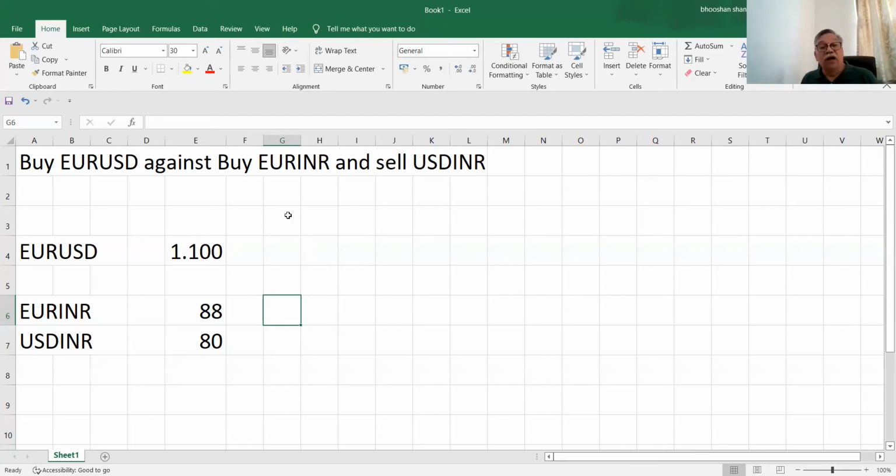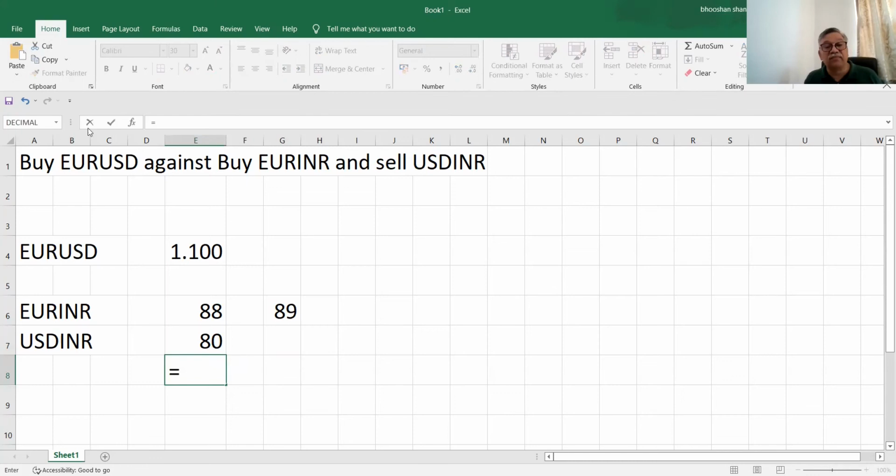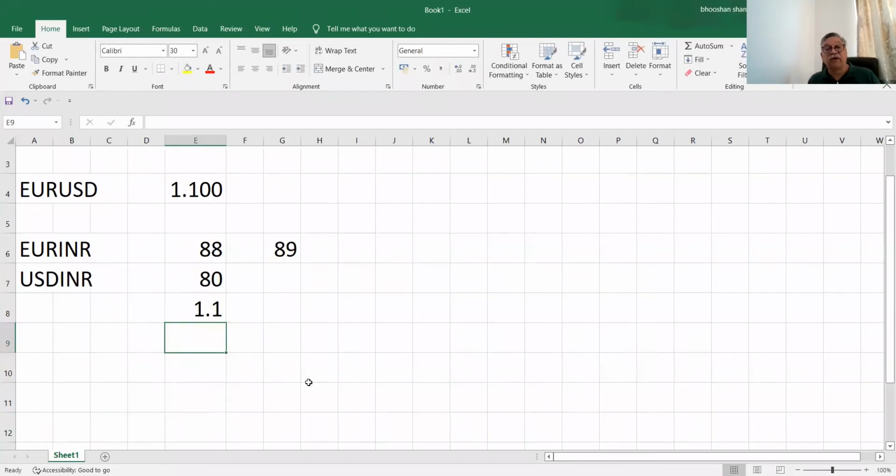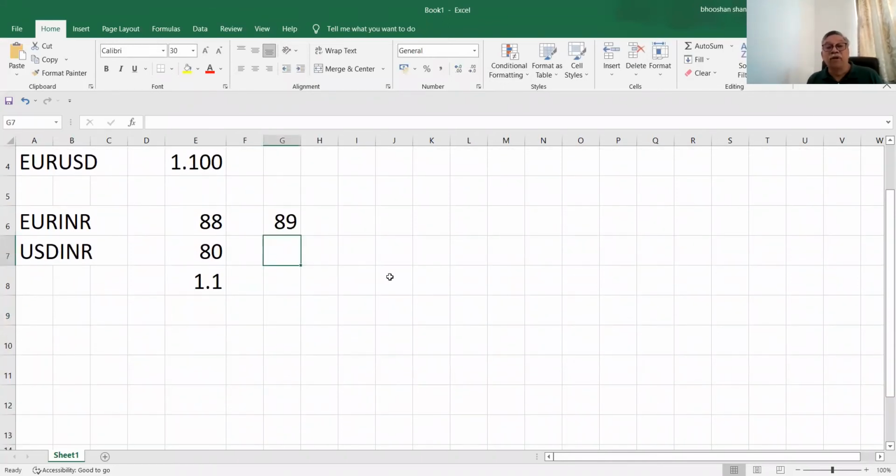Now, suppose Euro goes up by 1 rupee. I'll gain 1 rupee here because I have bought Euro INR. And dollar goes up by, let us say, dollar becomes 82.